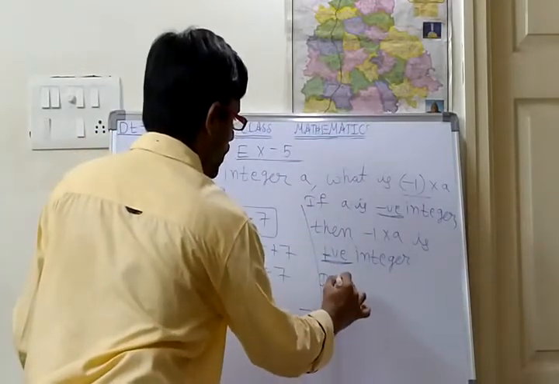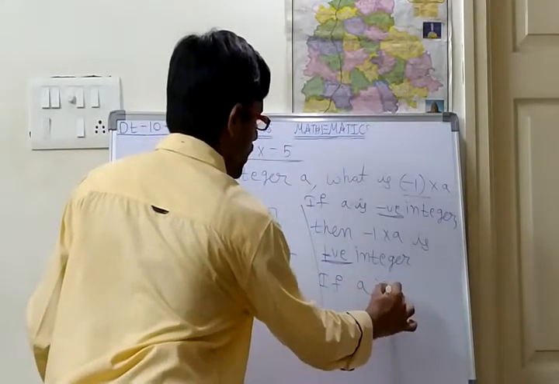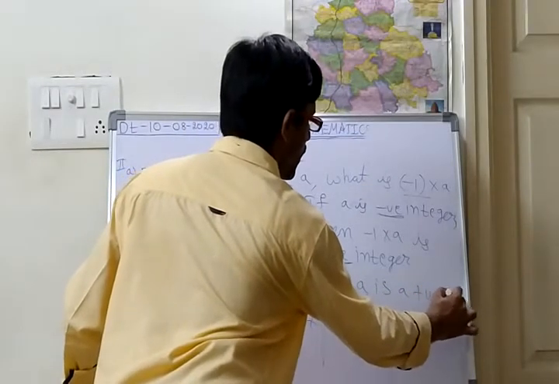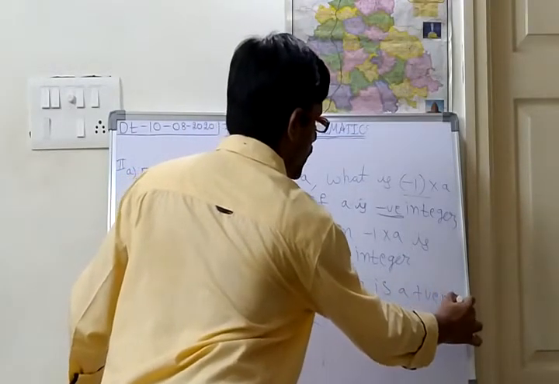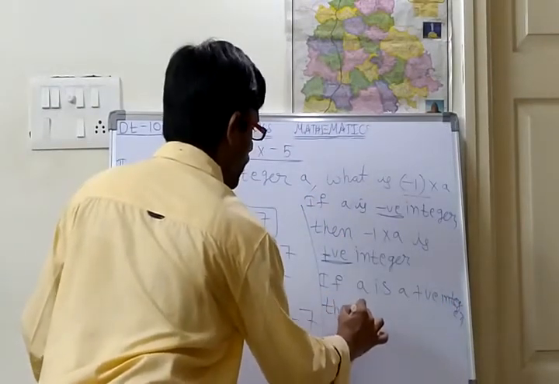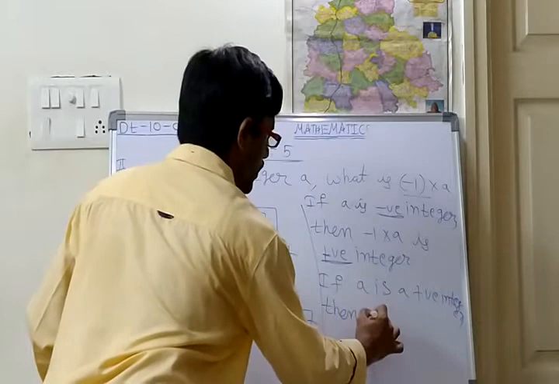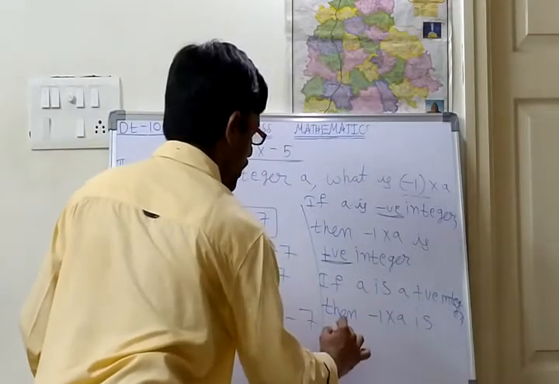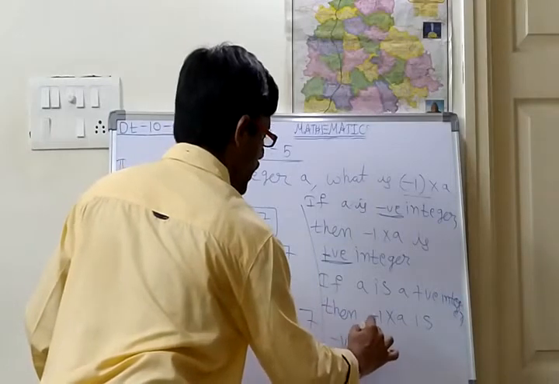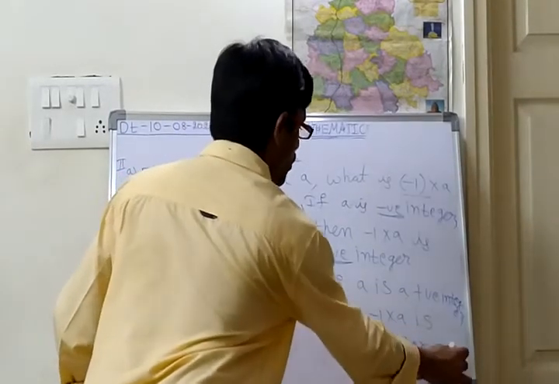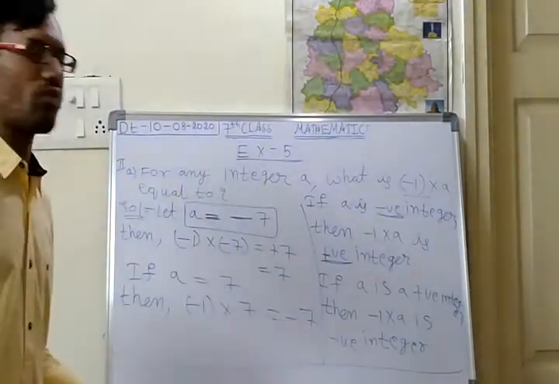Now suppose a is a positive integer, then what is the answer? Minus 1 into a is a negative integer. Like this you have to write down the solution for this answer.